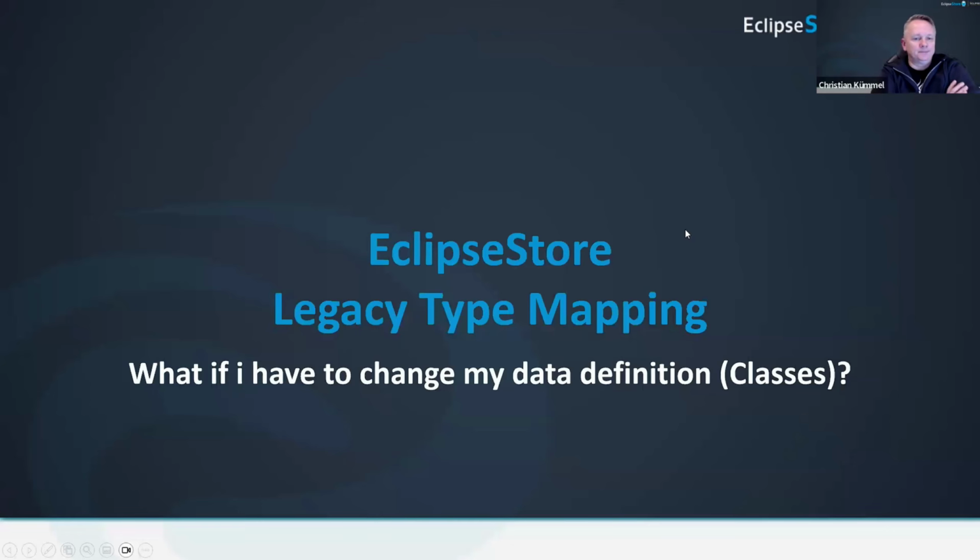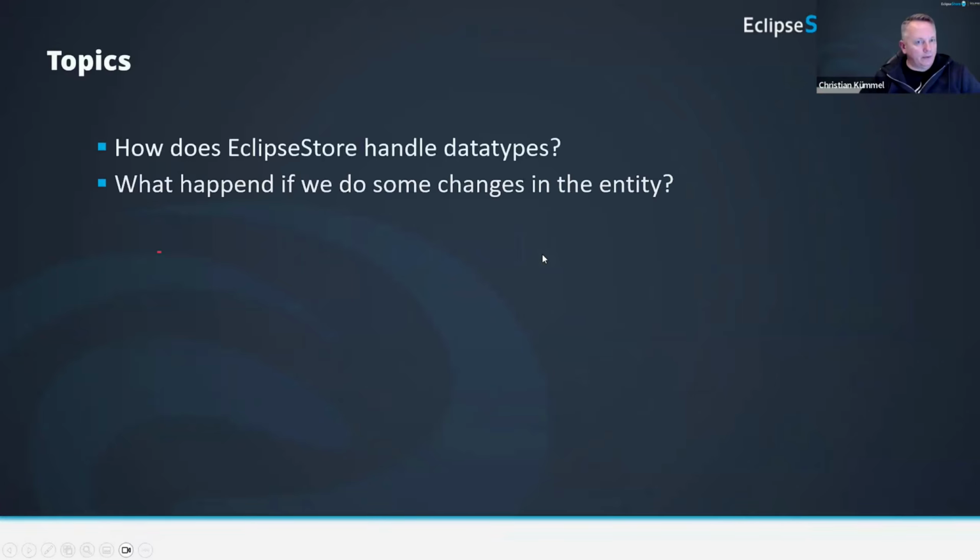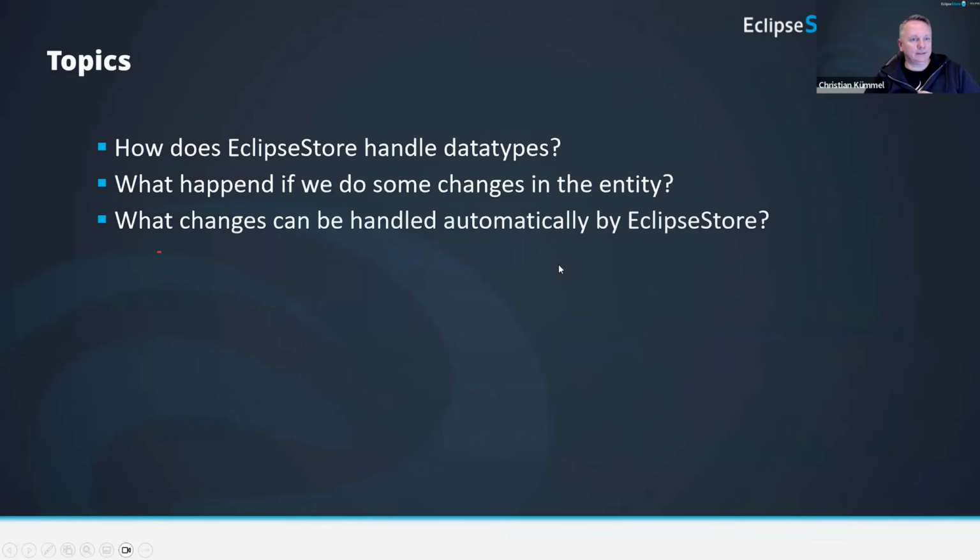So what if I have to change my data definition classes? We need to clarify, how does EclipseStore handle these data types? What happens if we make some changes in an entity? And another question is, what can be handled automatically by EclipseStore?